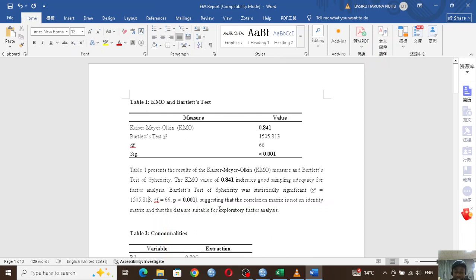This suggests that the correlation matrix is not just an identity matrix. What does identity matrix mean? An identity matrix means that there is no relationship within the variables. So when we have the matrix, there is no relationship among them.